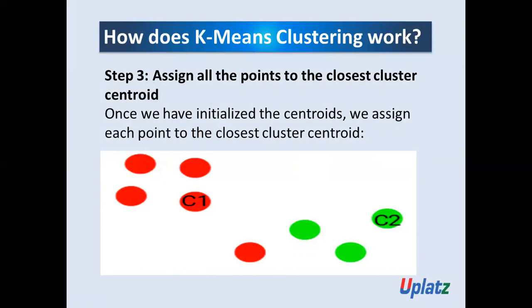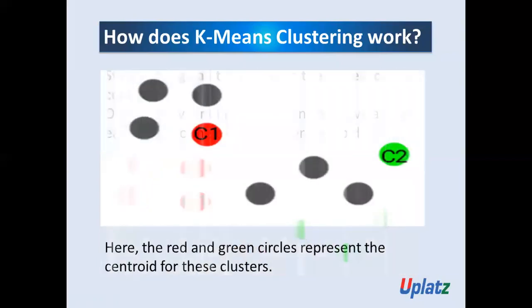Once we initialize the centroids, we assign each point to the nearest cluster centroid. These points look nearest to C1, so you assign them red. This one looks a little far from C2 but a little nearer to C1, so you have assigned this point to this cluster.